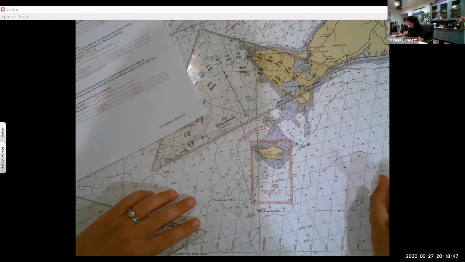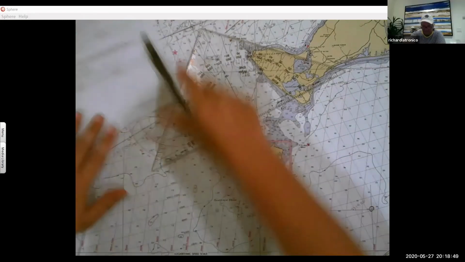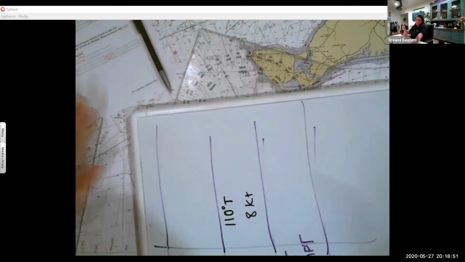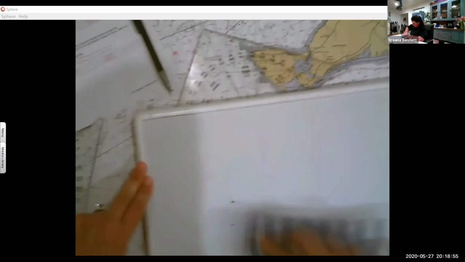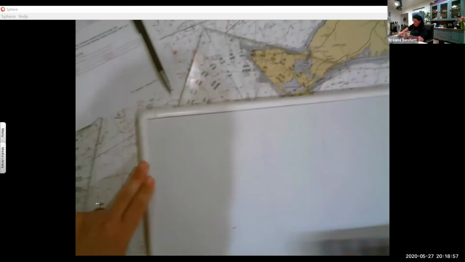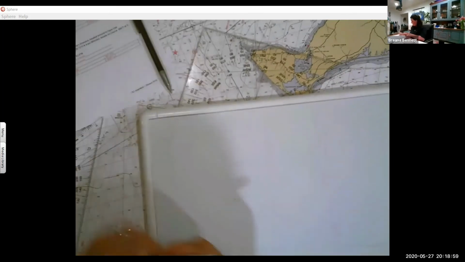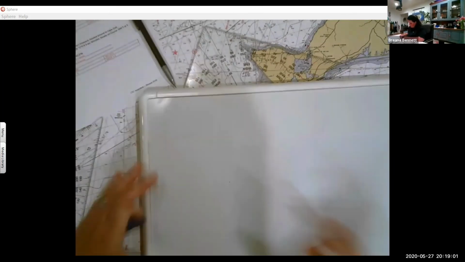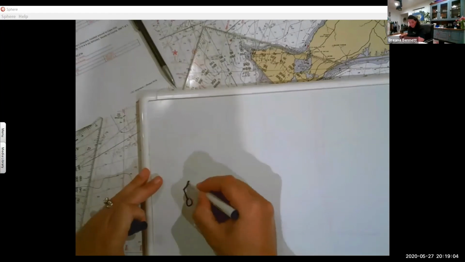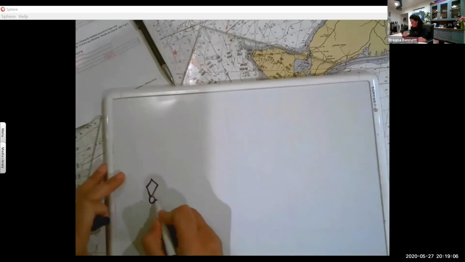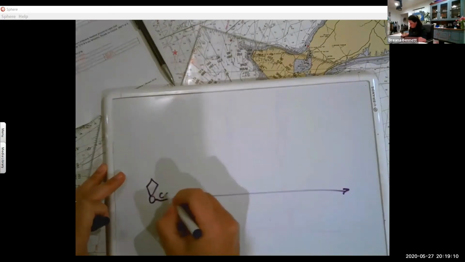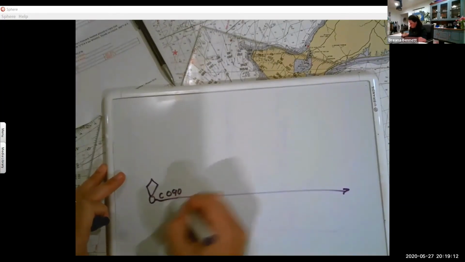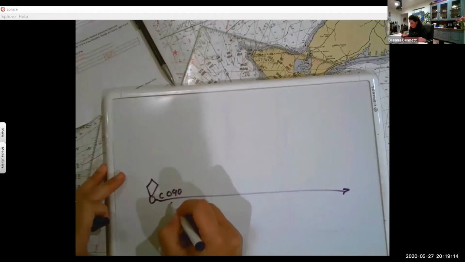Okay. So let's draw this on the whiteboard. Let's make it simple. There you go. Oh man, we're going to have to end this. Okay. We got the buoy. We got our course. What's our speed? 5 knots?